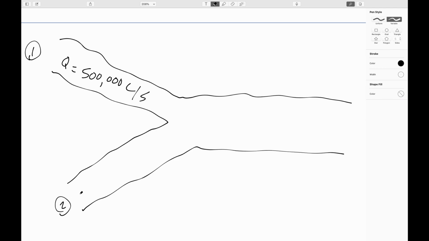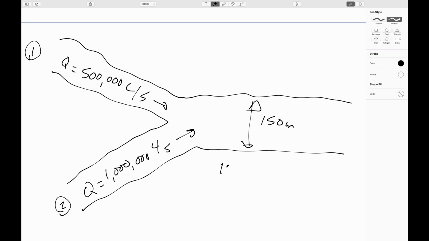And river number 2 here, flowing in, is carrying 1,000,000 liters per second. Let's say over here the river is 150 meters wide, and that's 10 meters deep. And so we would ask, what is the speed of the current in river number 3?